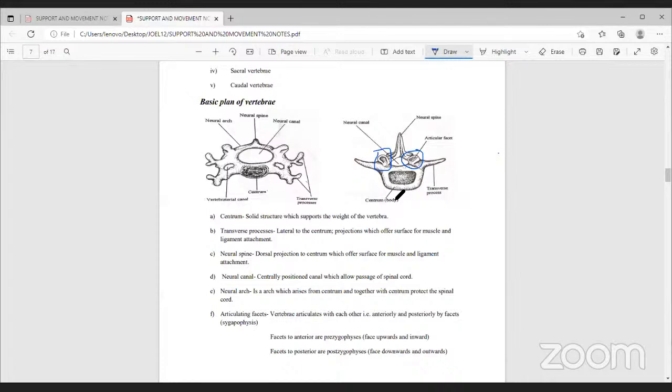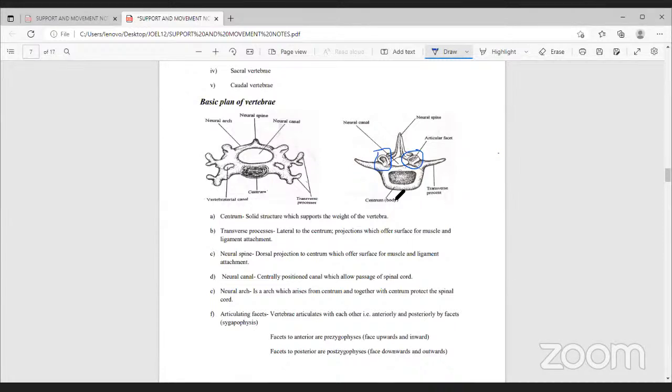Sorry. I was saying, when you are dealing with the vertebral column, any projection, I'm repeating, any projection, talk about the neural spine, talk about the transverse processes. We are also going to see some other projections under the caudal vertebrae, for example the metapophysis.